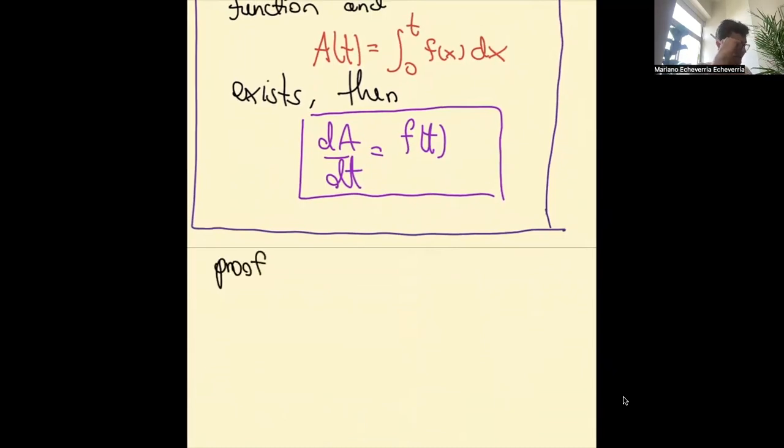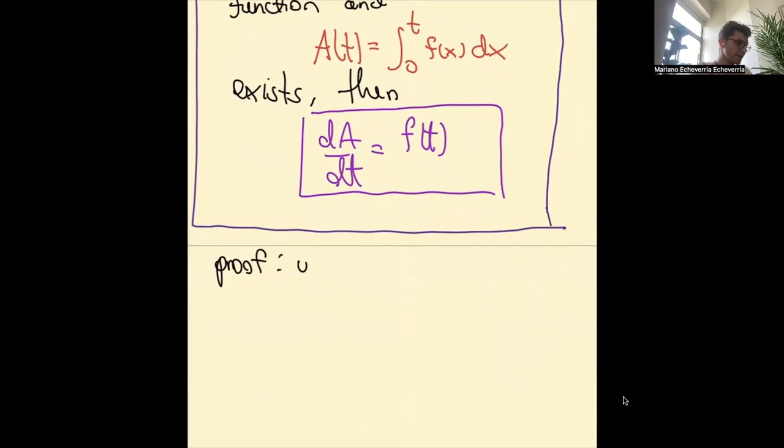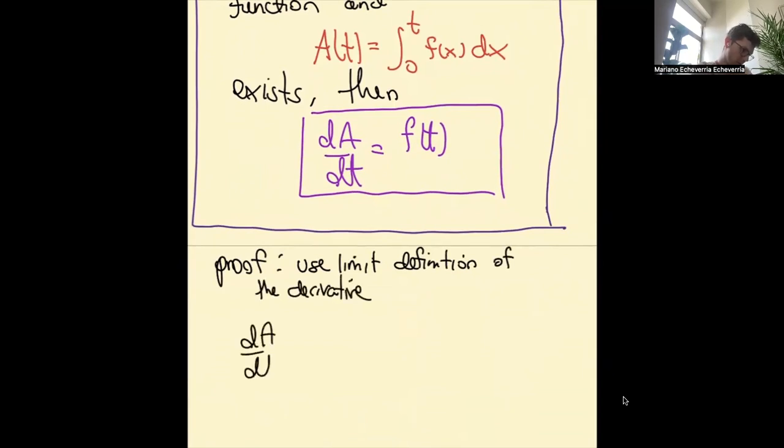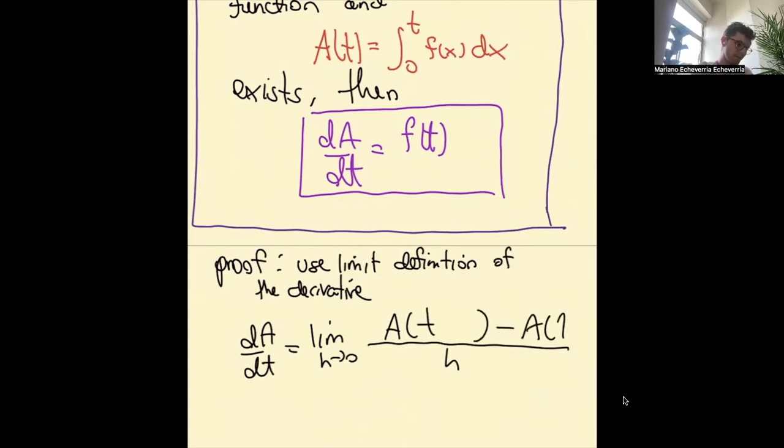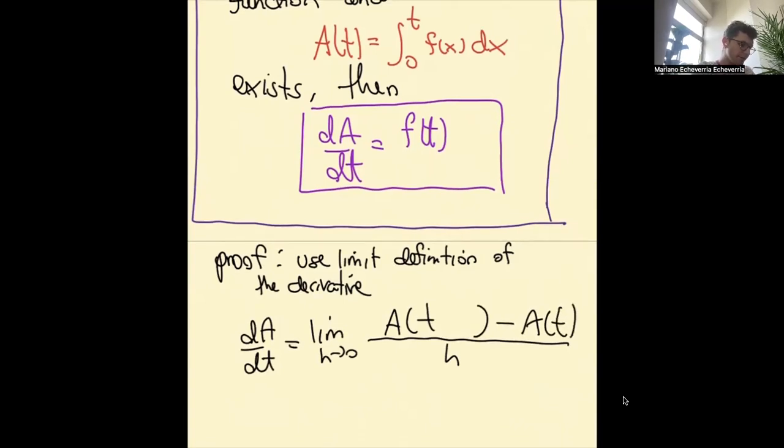So you want to find the derivative. So let's use the limit definition of the derivative. I'll use this one in terms of h. I don't know if anyone remembers this. What should I put here?